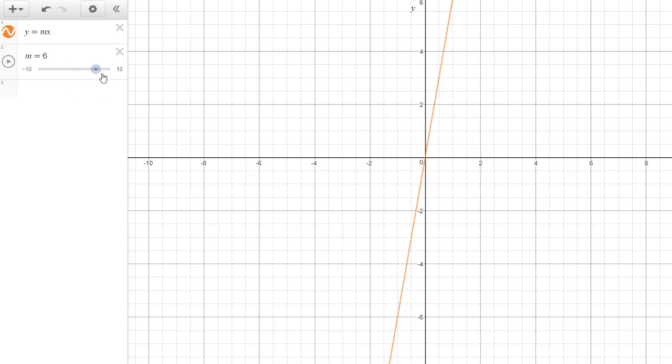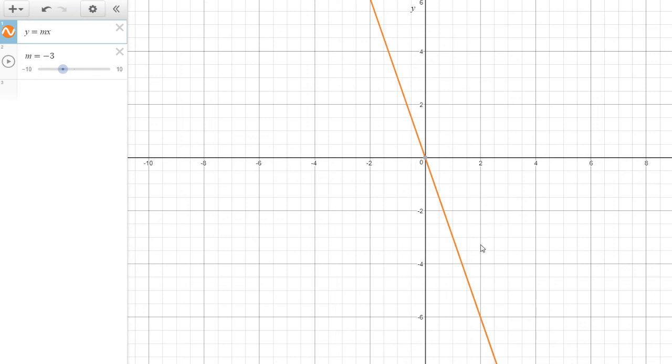The same thing applies to negative gradients. If you pick a point on the line and travel in the positive x direction, then in order to hit the line you have to travel down in the negative y direction. So that means your line is in this direction.